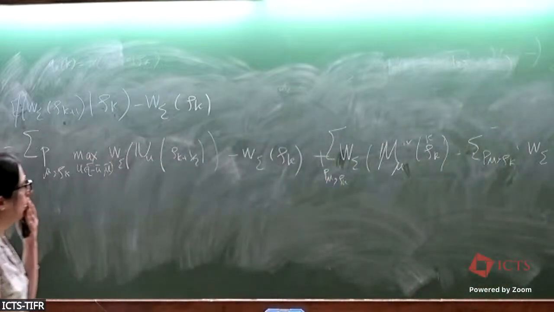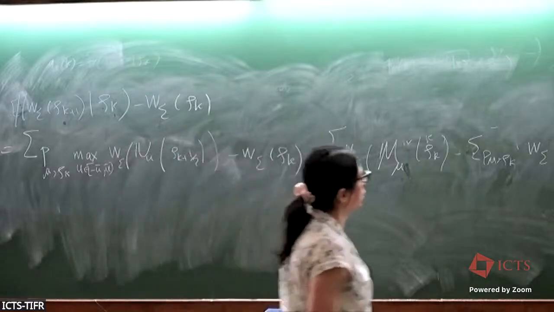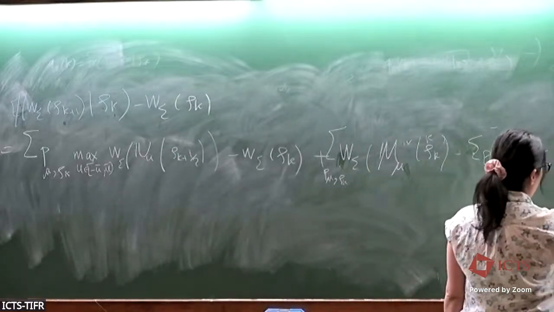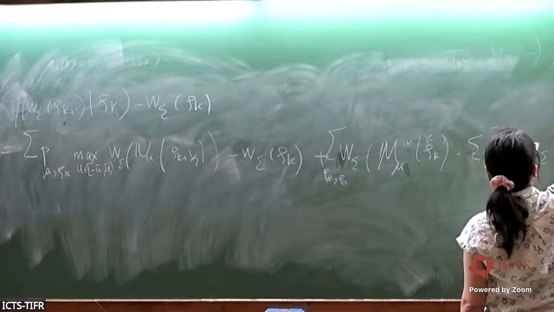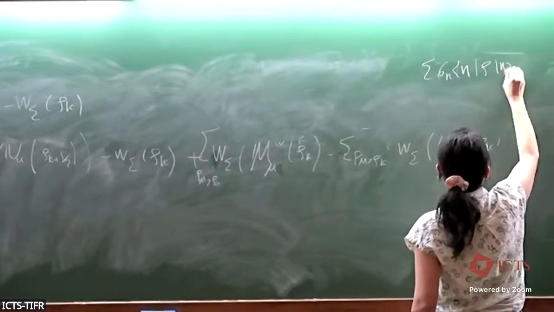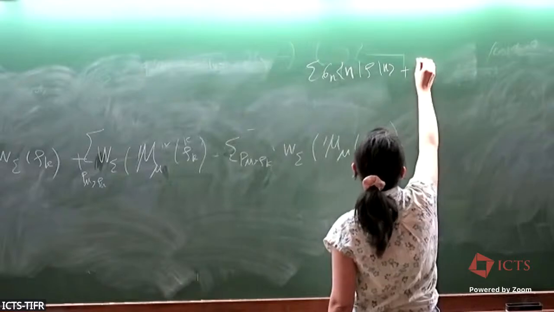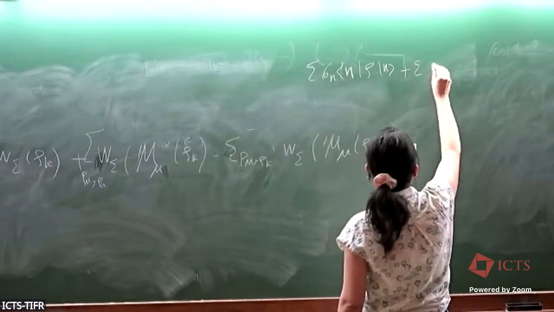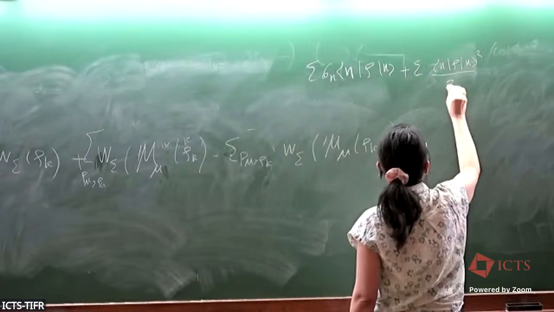Sorry, plus and minus. Why do we do that? Because like this you can use it. Why? Because for the first time, you have sigma n and rho n, right? Plus epsilon and rho n square, right? Over 2, I think.